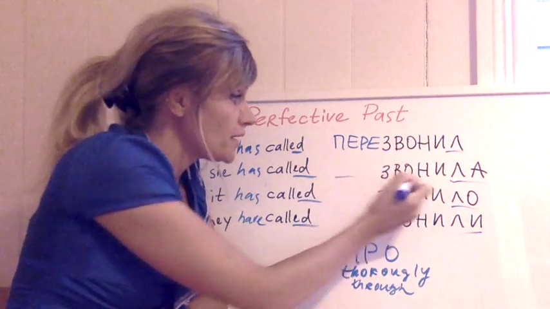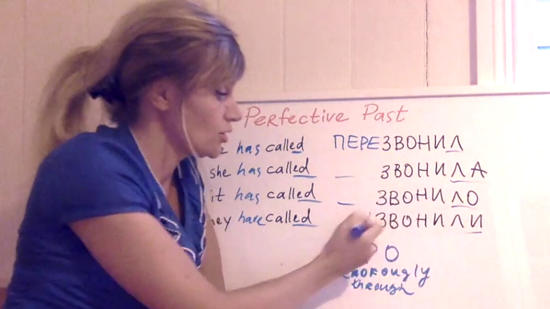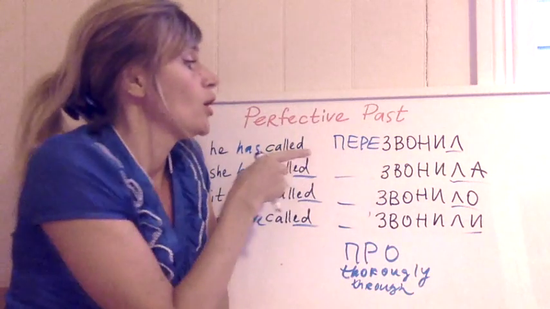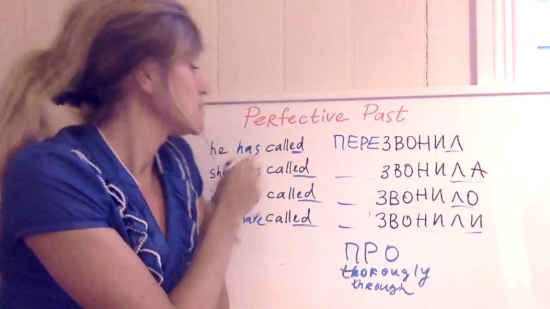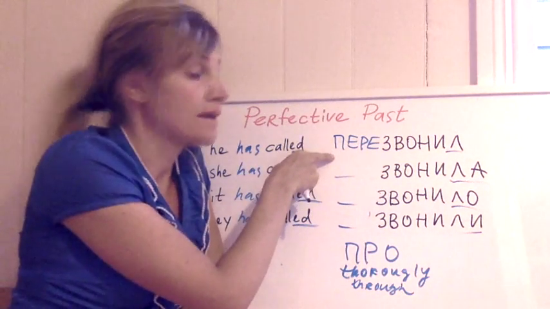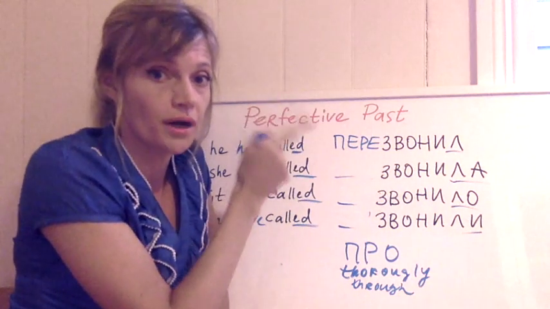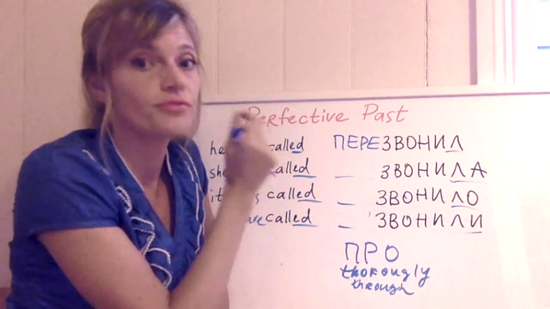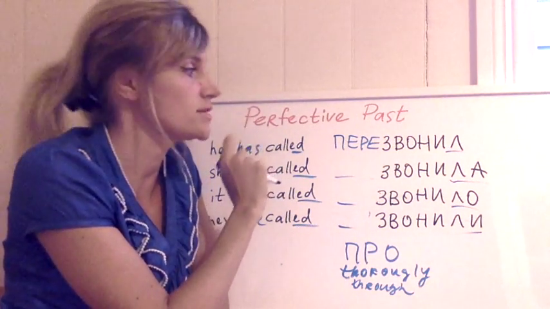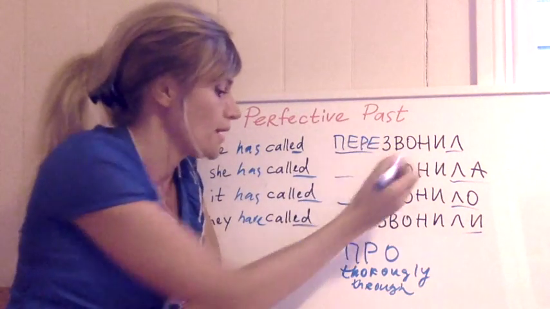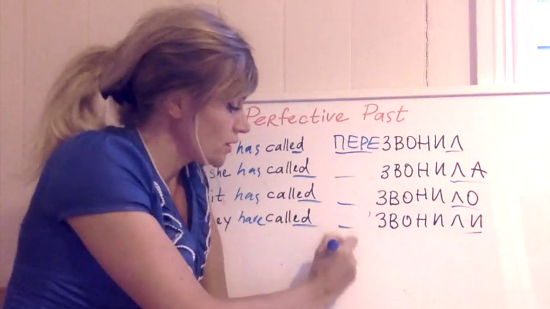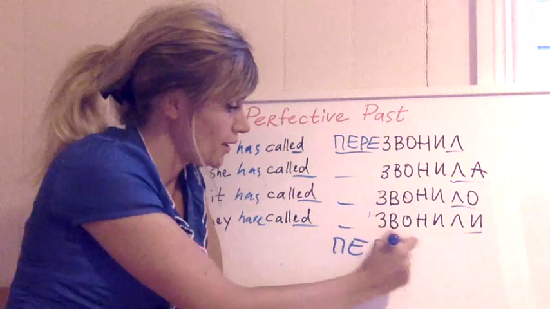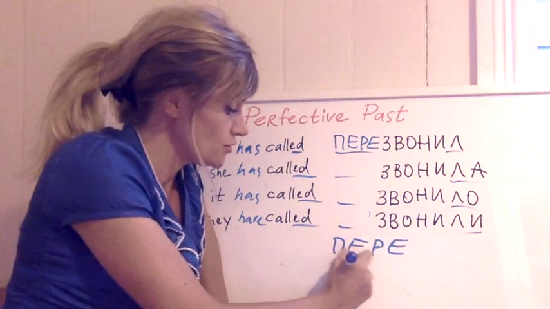Sometimes you can use перезвонил, перезвонила, перезвонило, перезвонили. What does it mean? It means exactly the same again, that he has called, but there is a little bit of extra information, not just that he has called. Пере usually means repetition.